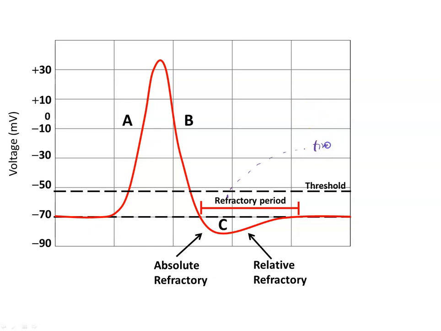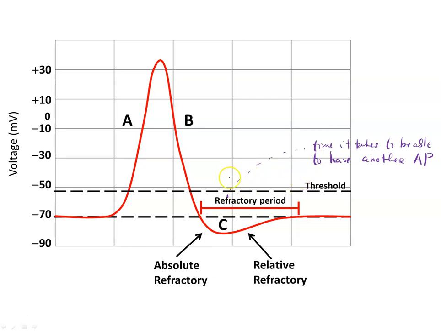So we're going to say time it takes to be able to have another action potential. I reworded it into my own words because that other wording was a textbook sentence and I don't understand it as well as my own. Okay, so here we go. So the refractory period is the time it takes to be able to have another action potential.